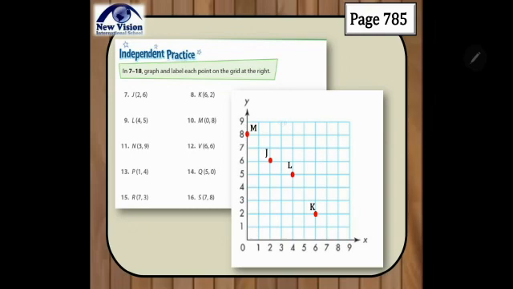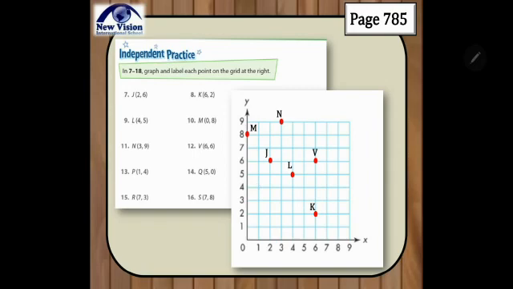So there, point N. Next, number 12, point V, 6, 6. Point V. Next, point P, 1, 4.